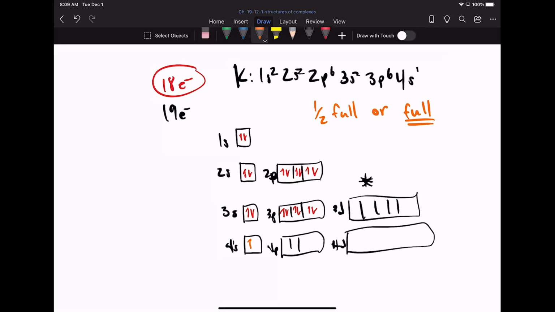If we take a look at this, we have a choice of putting the electron here or here. If I put this electron here, is that half full or completely full? It's neither. It's not very stable in that subshell, right? But if I put the electron here, that means it is half full. It's a lot more stable.